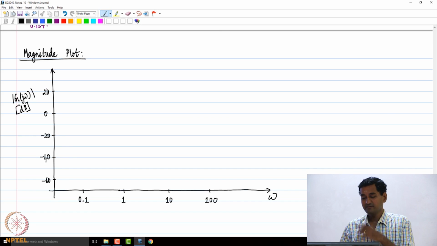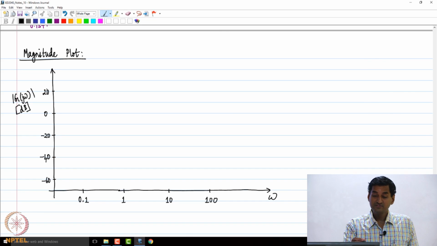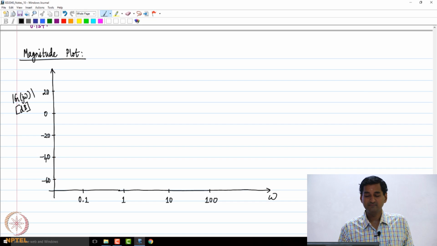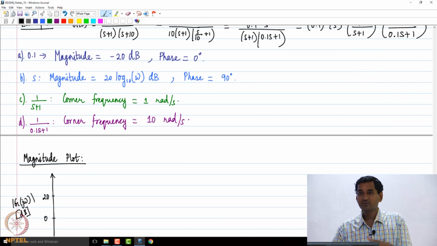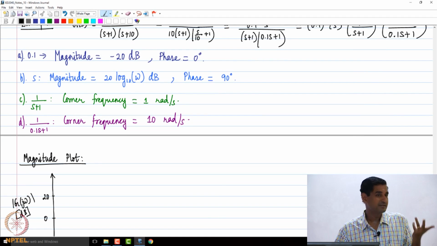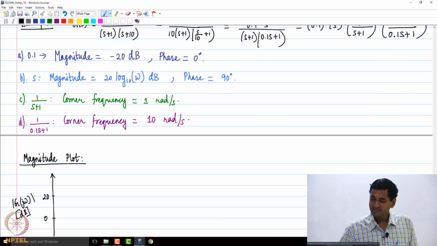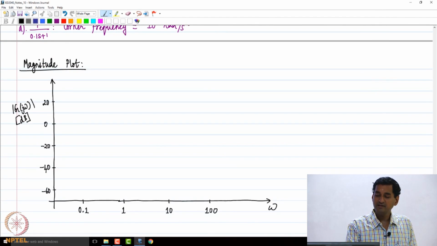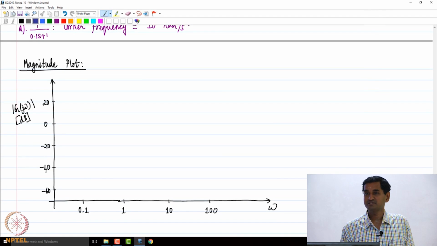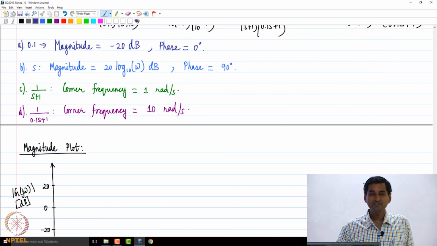So let's plot each term one by one. I am going to use the same color code as what I wrote for the 4 factors, so that it's obvious what I am plotting. Let's first take the constant term, 0.1. What is the magnitude plot of the constant term? You see that the magnitude of 0.1 is minus 20 decibels.